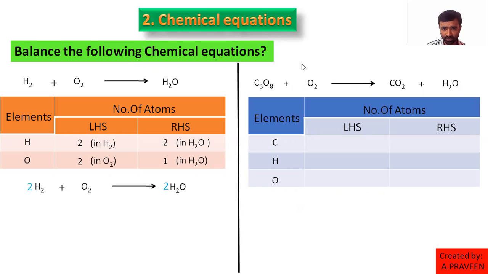I wrote C3O8, that's why you are getting a difference. Is it clear? C3H8 plus O2 giving you CO2 plus H2O. So the individual atoms are carbon, hydrogen and oxygen. They are noted in the table under elements.